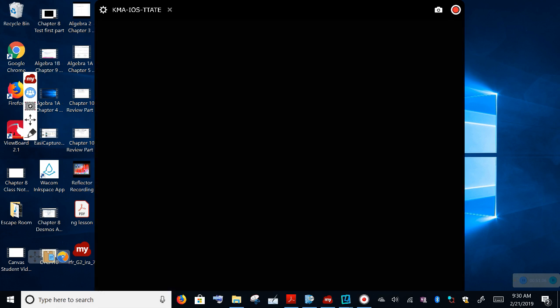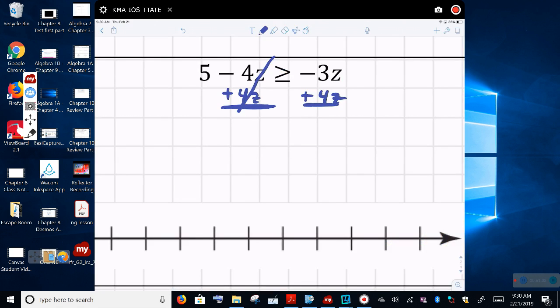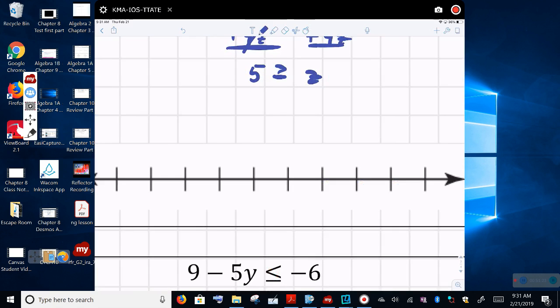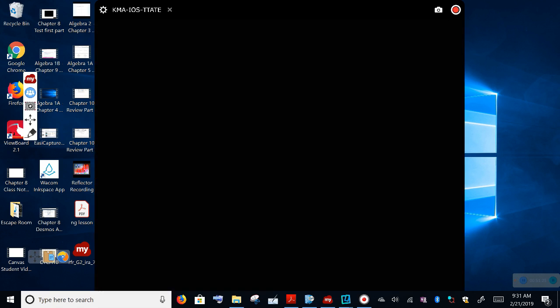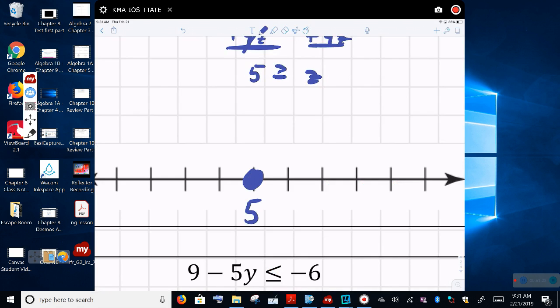The ones on the left, they will cancel. I have just a 5 left over. 5 is greater than or equal to just z. If I'm graphing this, what's the one number I care about? 5. Put it there. And it will be a closed circle.